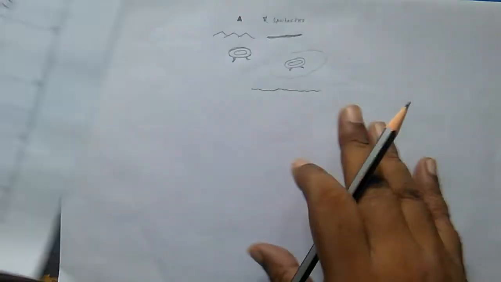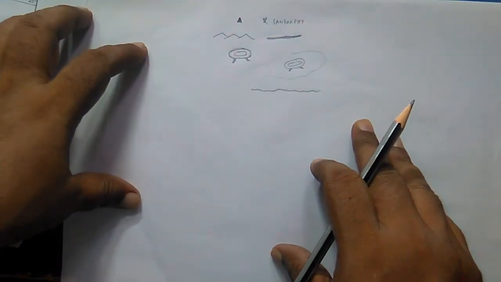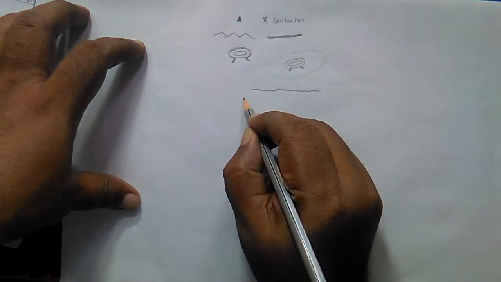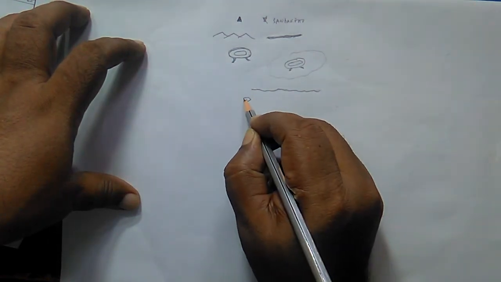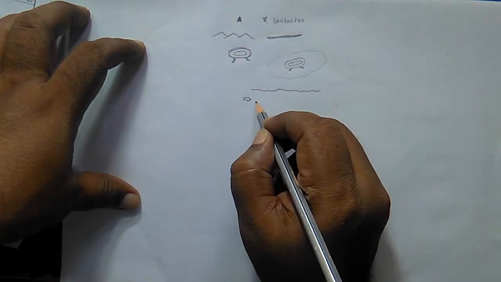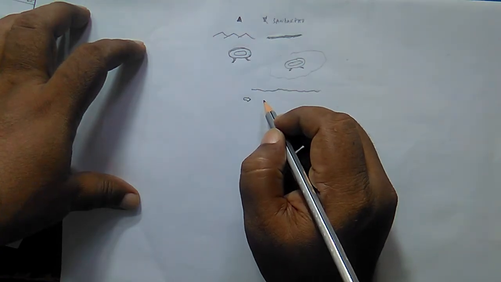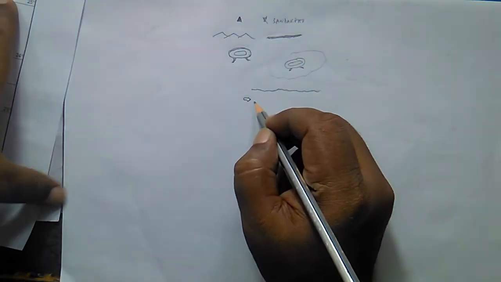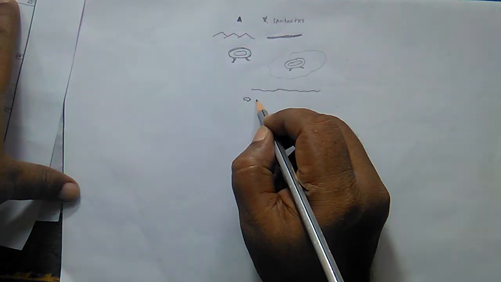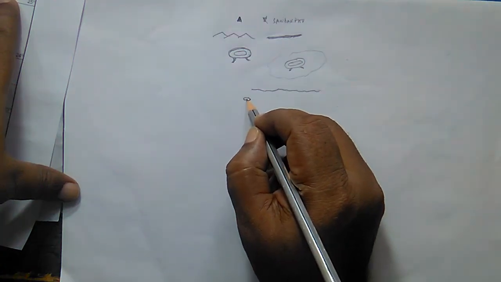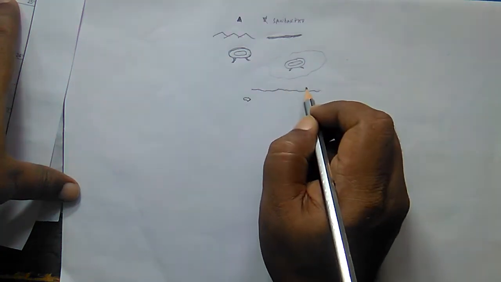Okay, apart from the rivers, you may be asked to show lakes. Normally lakes we show like this, not a perfect circle, but in relation to the area. If you are using color, ideally it should be blue. This one also should have been blue.